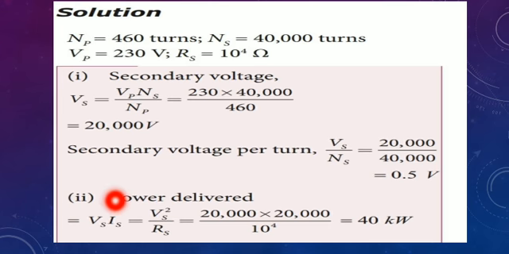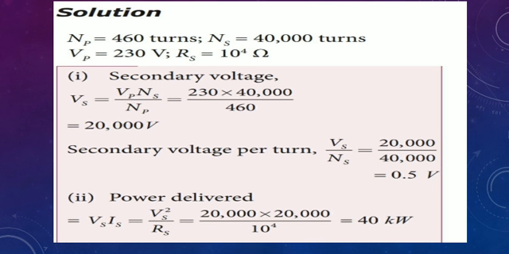Substituting in this equation, Vs is already there, and instead of Is, Vs by Rs. Therefore Vs into Vs, Vs square divided by Rs, using Ohm's law.